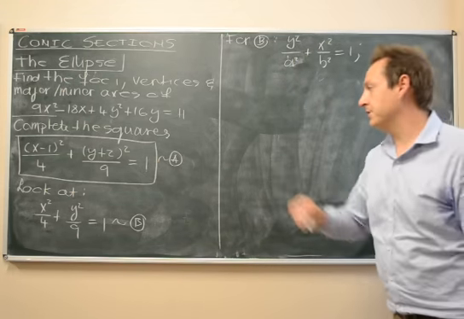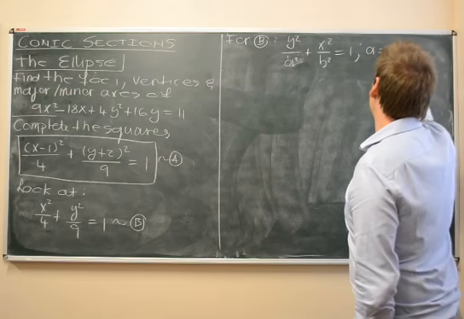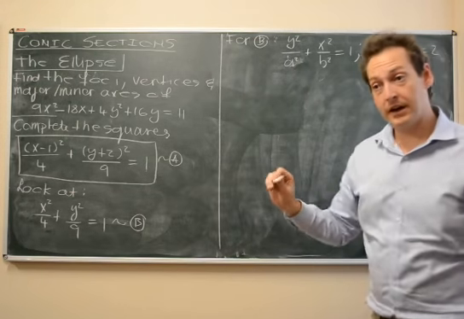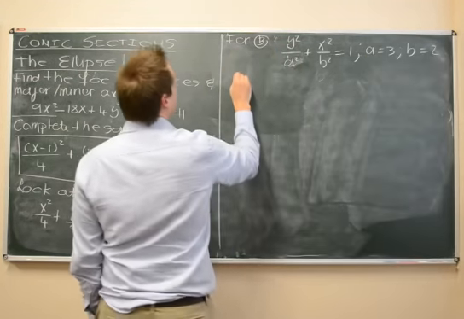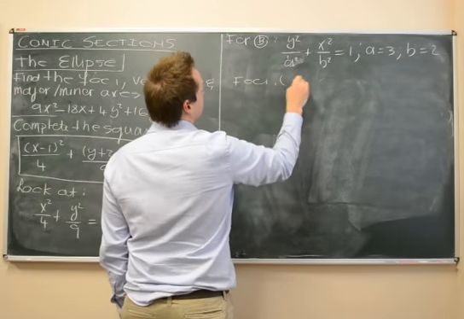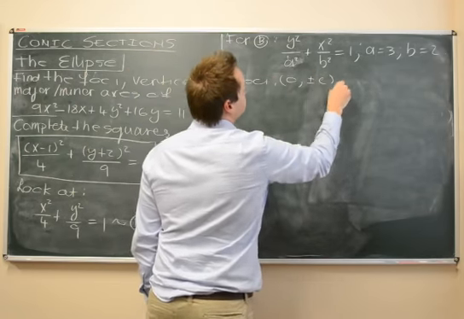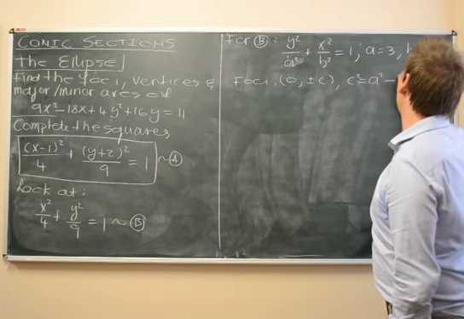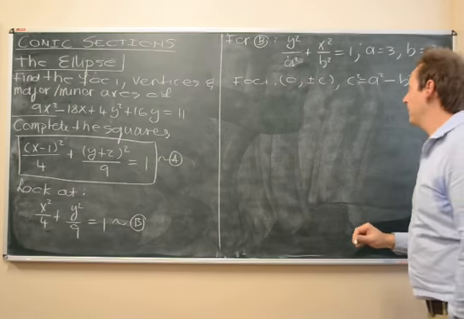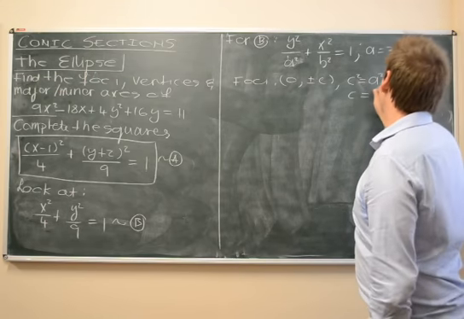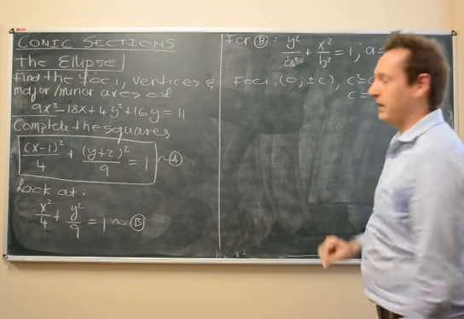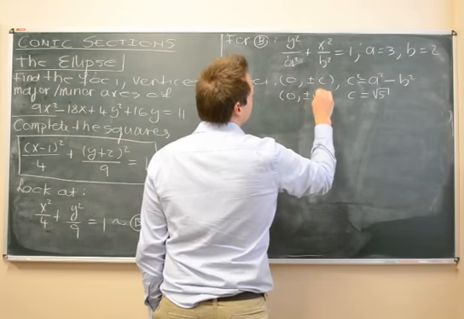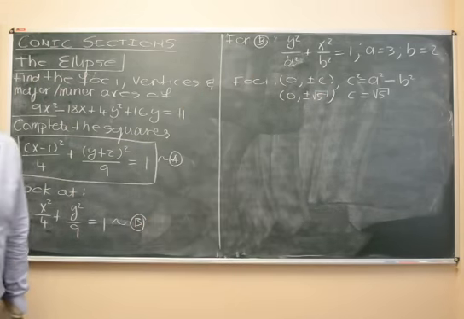Just looking at the equation, we see that a is 3, b is 2, and then the foci will be at 0, plus or minus c, where c squared is a squared minus b squared. In this case, c is root 5. So our foci are at 0, plus or minus root 5.